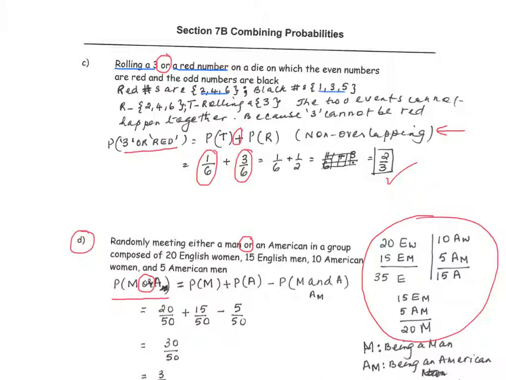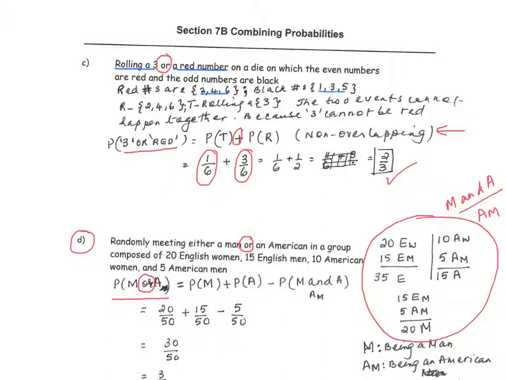Can the two happen together? What happens if the two happen together? A person is a man and an American. So that is the same as saying the person is an American man. So the two events can happen together. So they are overlapping events.